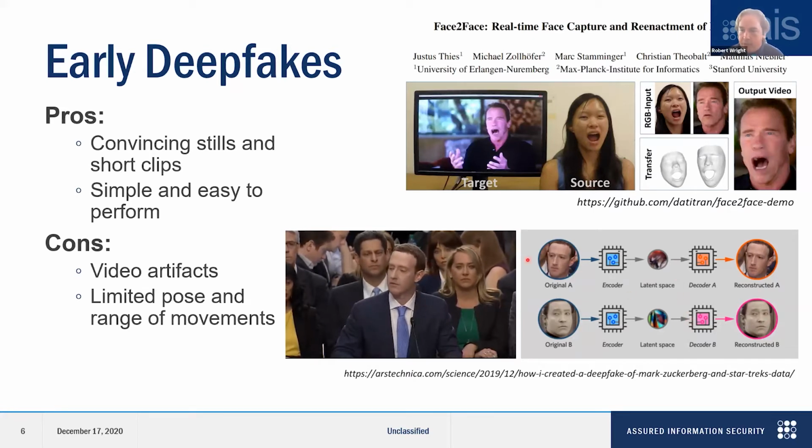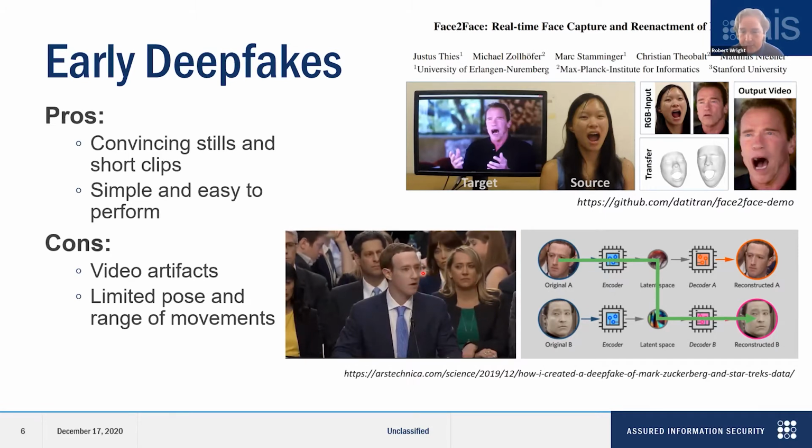So after you've trained it on both, the encoder can learn this mapping, and then you can follow a path through the encoder from the source to the target and generate images like this, where a reporter from Ars Technica replaced Mark Zuckerberg testifying to the Senate panel with an image of Brent Spiner as Commander Data, and it is done fairly effectively.